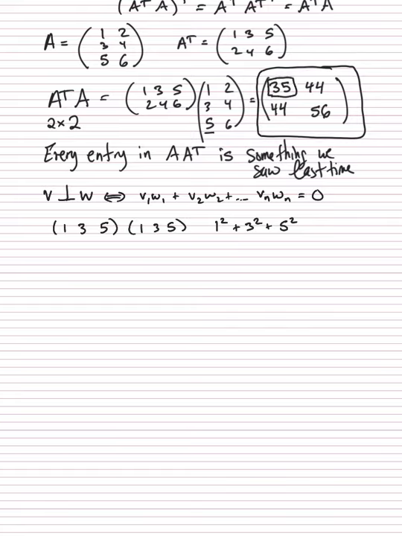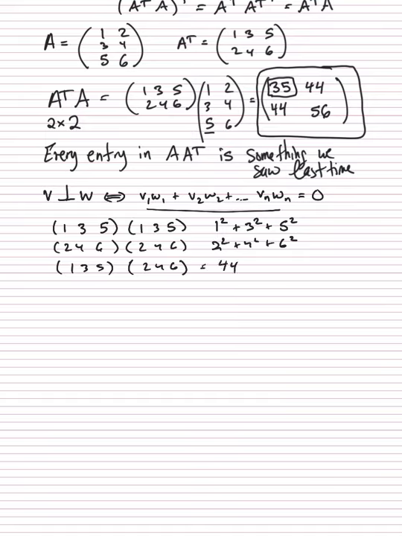We're taking the first column and checking this expression with itself. Similarly, the 56 was obtained by looking at 2, 4, 6 with 2, 4, 6. And then we're looking at 1, 3, 5 and 2, 4, 6 to produce the 44. It doesn't matter which order you do it.